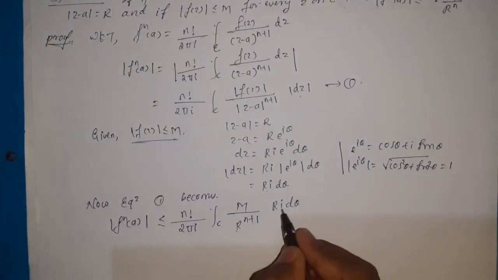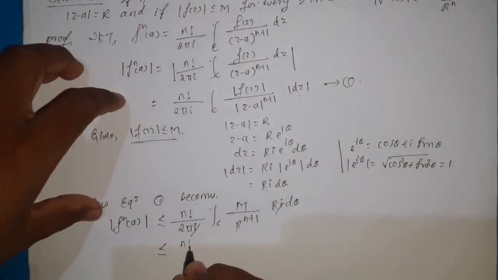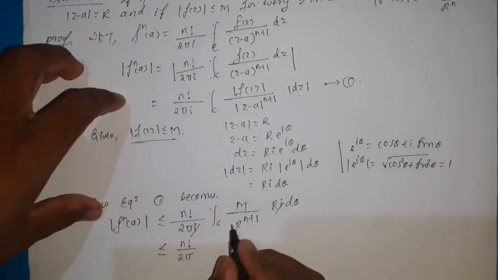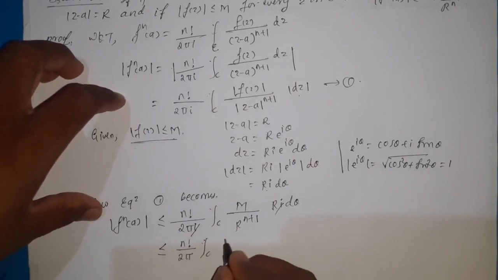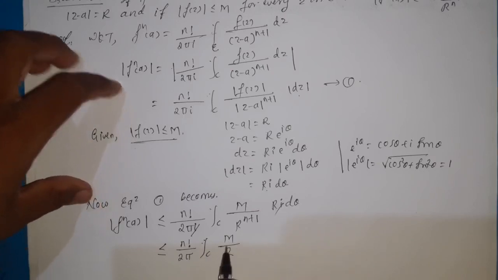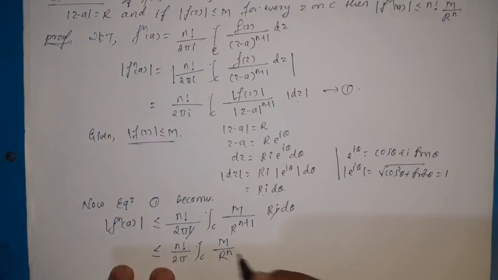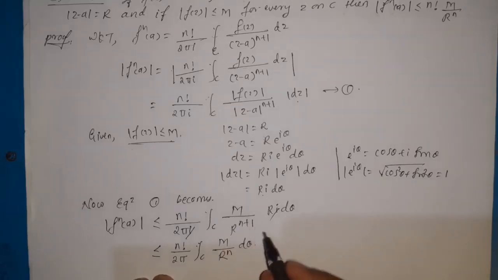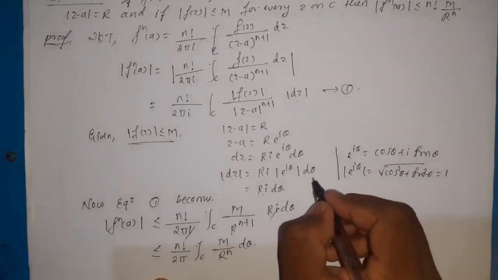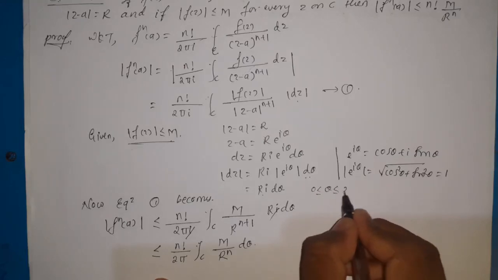So therefore the i's get cancelled and remaining n! divided by 2 pi, integration over C of M divided by R, because here it is R and R^(n+1) is there. So one R will get cancelled, remaining R^n in the denominator, and here it is d theta. Here theta lies between 0 and 2 pi.